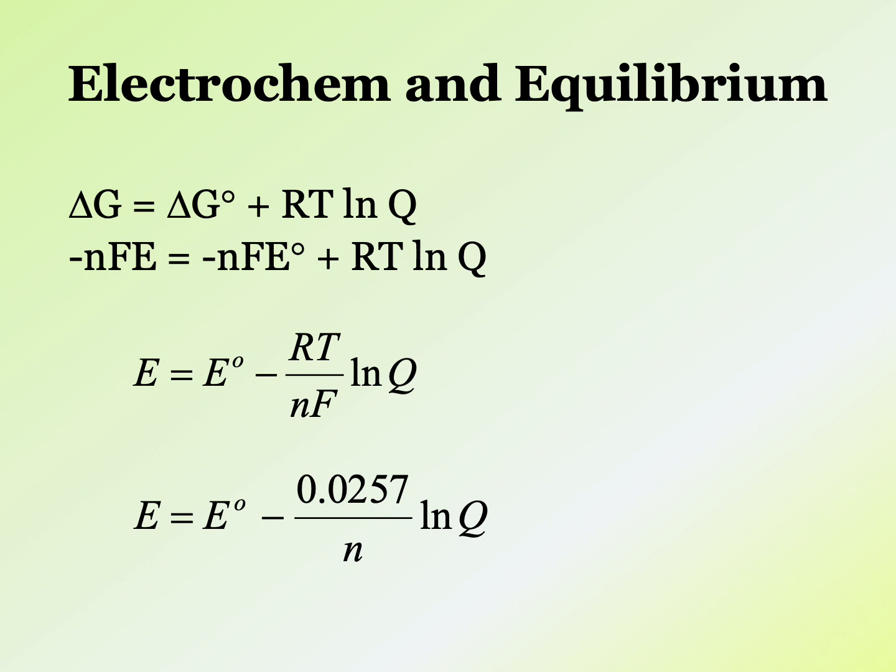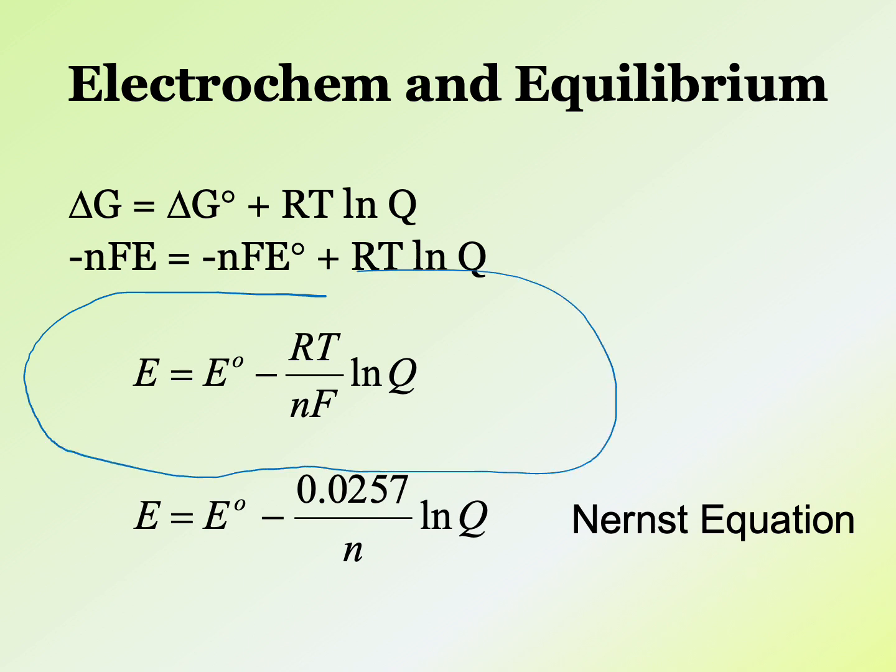And here's the simplified version where they already plugged in R, T, and F, which is the Nernst equation. They have this middle one on your reference sheet, though. That's what's on your reference sheet.